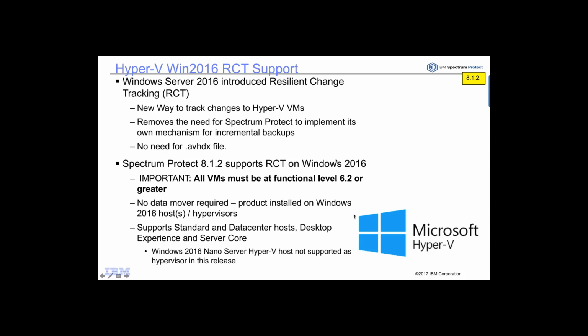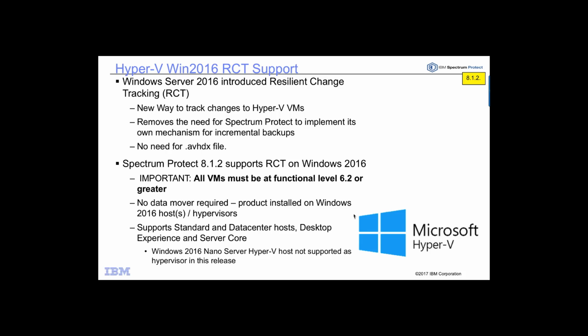Now, there are some caveats to the support for RCT and Hyper-V. All VMs must be at functional level 6.2 or greater, so when you're upgrading to Windows 2016, you may have to consider upgrading the functional level of the virtual machines. The install of this is very easy. It doesn't have a data mover architecture.